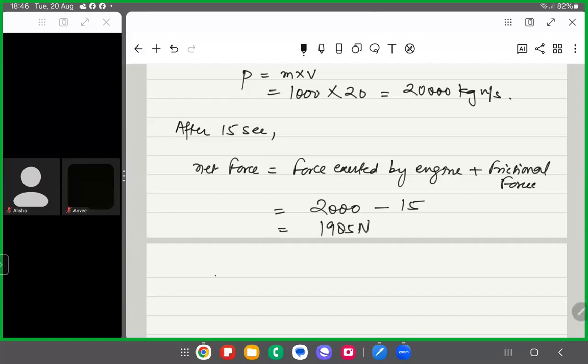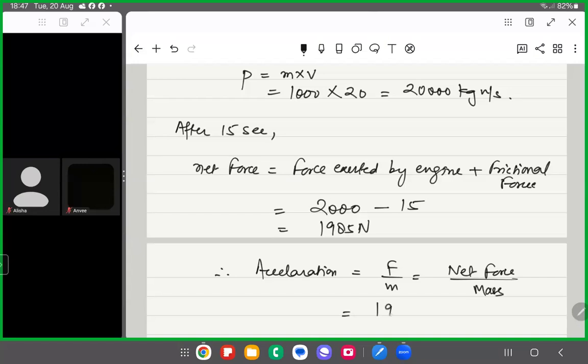And therefore, we put a negative sign because it is applied in the direction opposite to the motion. Now, can we find acceleration from this force? Yes or no? Acceleration will be F upon M, net force upon mass, from the second law of motion, right? F is equal to ma, so a is equal to F upon m. Are you getting it?